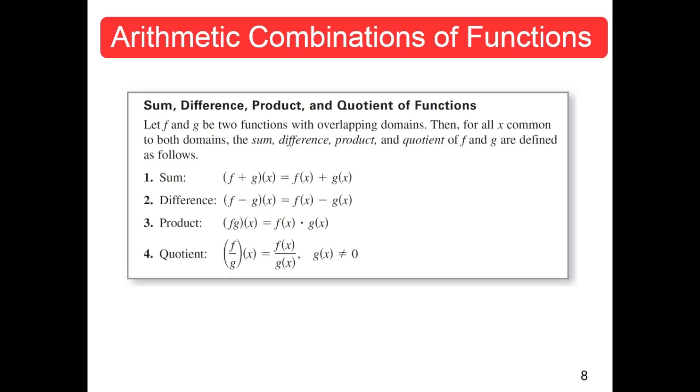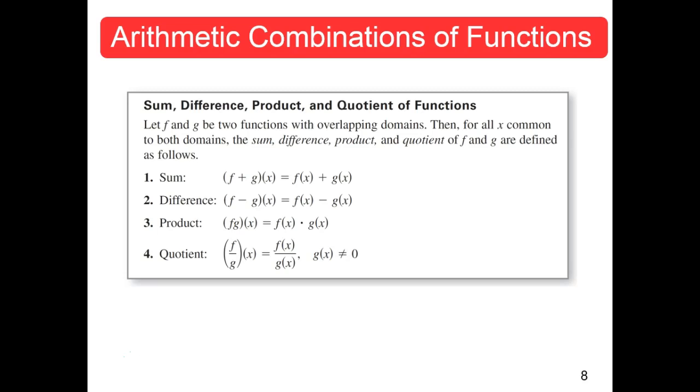So here is the description of the sum, difference, product, and quotient of functions. f and g are both functions with overlapping domains. Now, if they don't have anything in common, you can't do them. But if they have overlapping domains, then for all x's common to both domains, the sum, difference, product, and quotient functions are defined as follows.